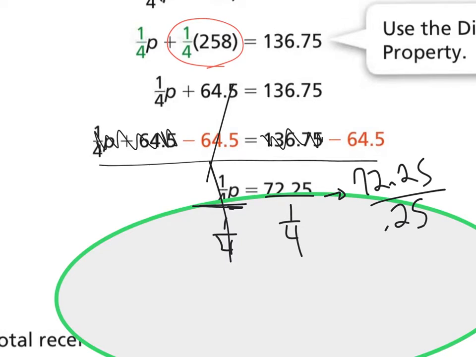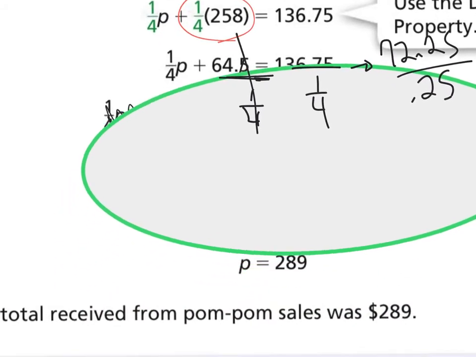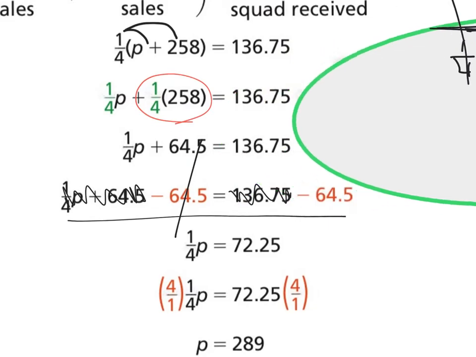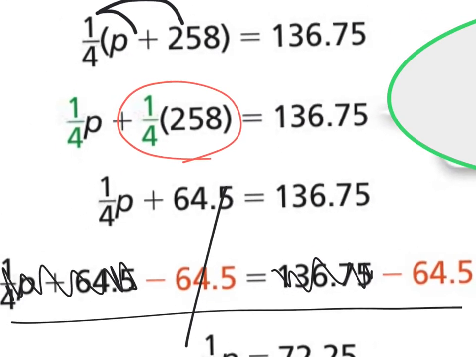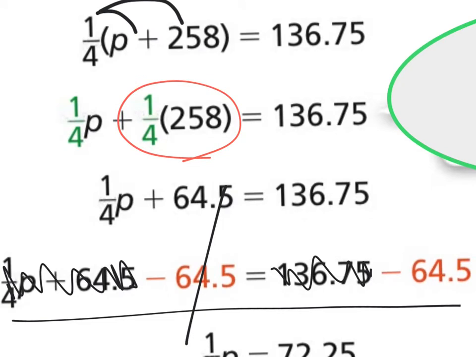On this problem, there was a slightly different setup you could have used that would not have required the distributive property. You could have just said it's 1/4 of each thing. So we could have gone right to the step after we distributed.